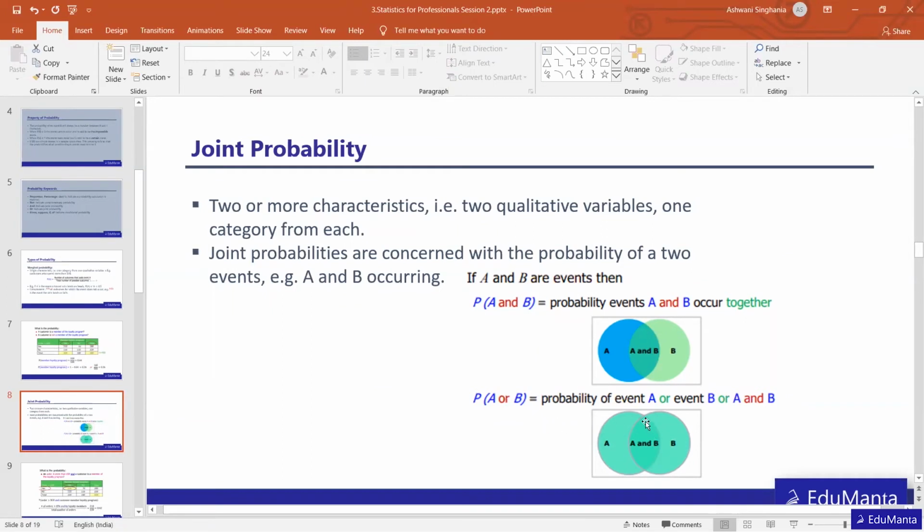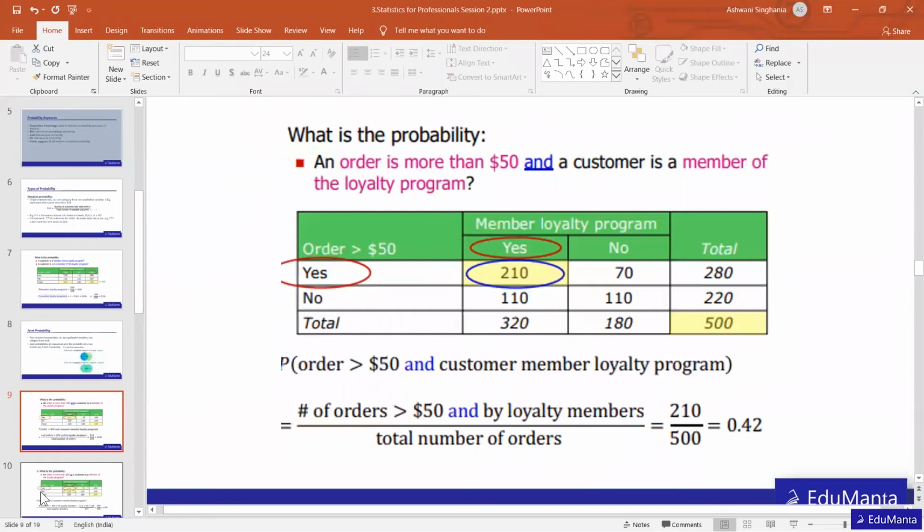Whereas 'or' represents that you are either part of A or B, or you are within both. So that will be the condition of 'or'.